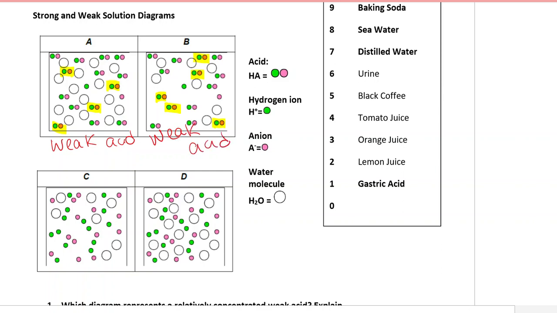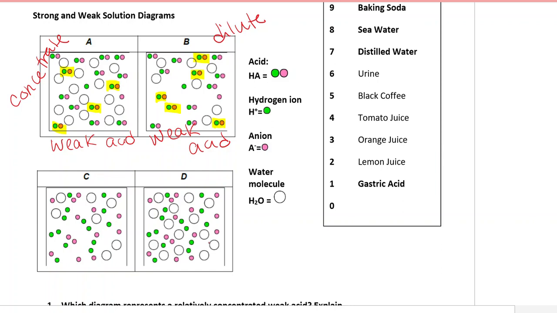The other idea here is that we're looking at the concentration. Which solution has a higher concentration? We would say that letter A has a higher concentration, so we could say that's concentrated, while B would be more dilute. Dilute meaning not a lot of solute present. If we compare C and D, you'll notice there are no paired acids and bases.